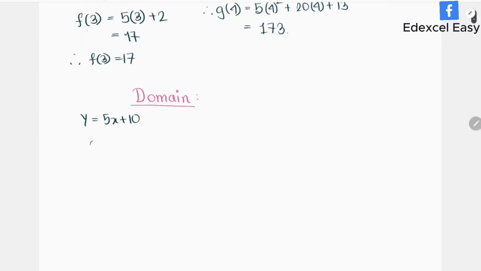For example, if you input x equals 1, then y becomes 5 times 1 plus 10, which is 15. So you can now say that x equals 1 is a value of domain and 15 is a value of range, because 15 is an actual numerical value for y.